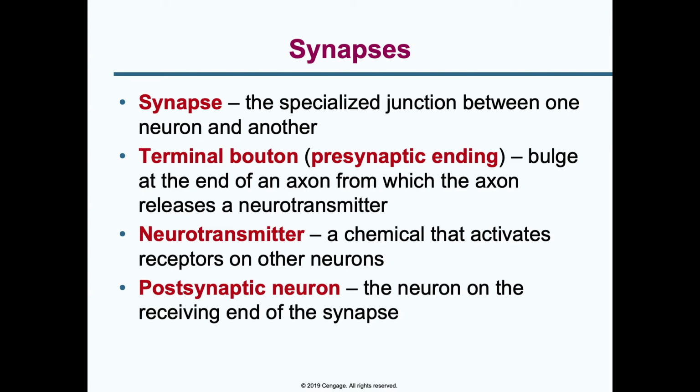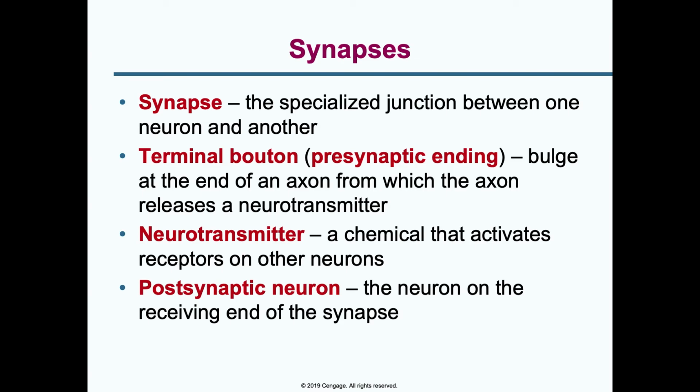Think of when a small balloon is blown up. It's like that, a bulge at the end of the axon, where the axon releases what we call a neurotransmitter. It's a chemical that says, okay, other neurons, here I come, okay? And it releases that into the next axon.